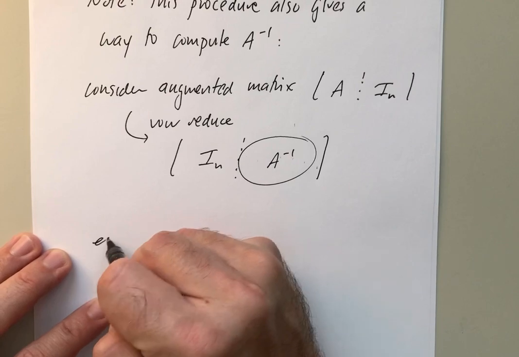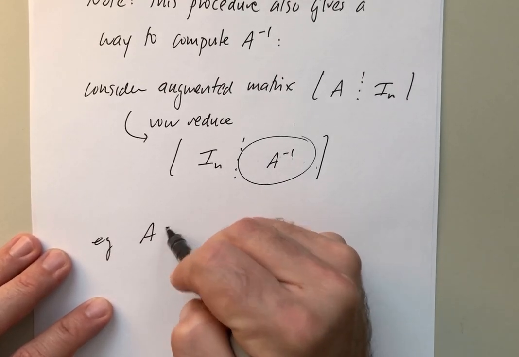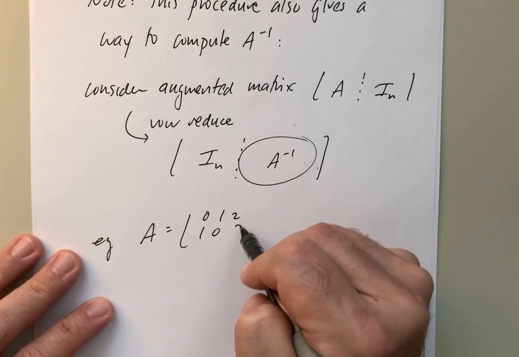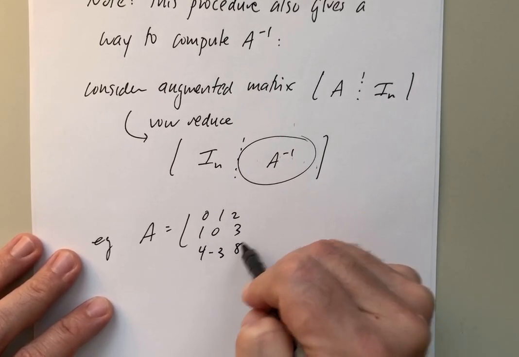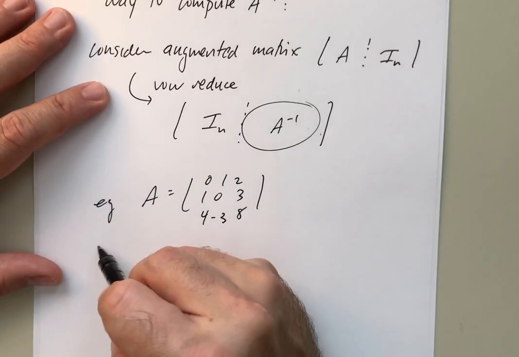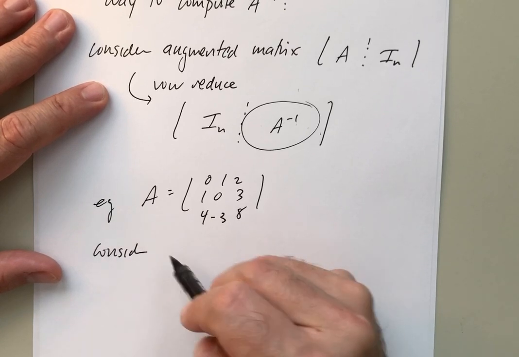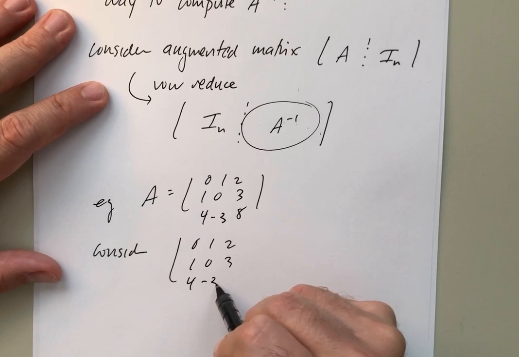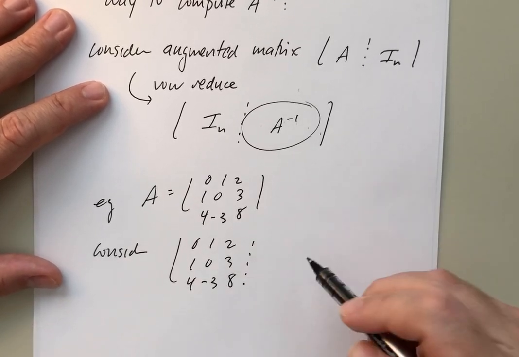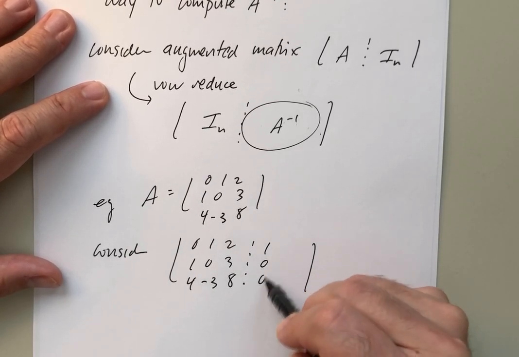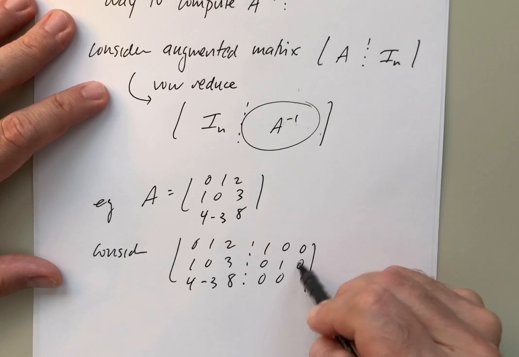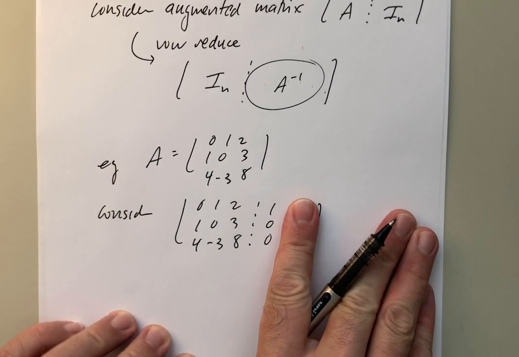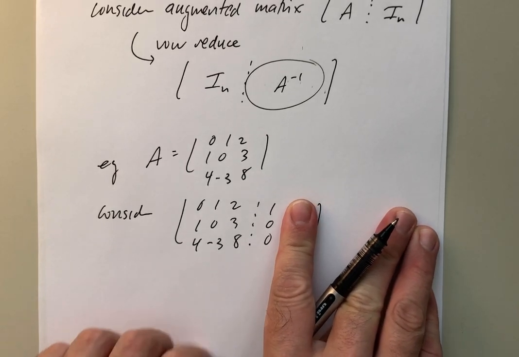Maybe just a quick example. If A is 0, 1, 2, 1, 0, 3, 4, minus 3, 8, I consider 0, 1, 2, 1, 0, 3, 4, minus 3, 8, and I augment that with the 3 by 3 identity matrix. Okay? And again, if you think about it, I'm solving that system with the 1, 0, 0 as the right-hand side.